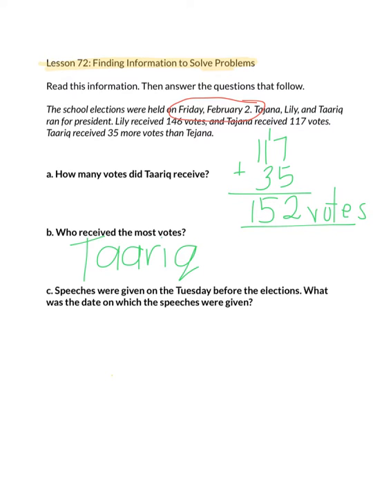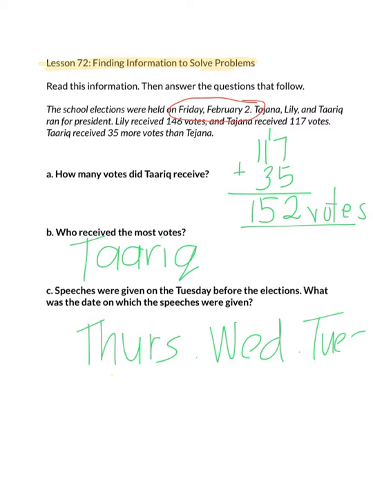So let's ask ourselves first, how many days before Friday is Tuesday? We have Friday, Thursday, Wednesday, Tuesday. So 3 days before that election, it was Tuesday.